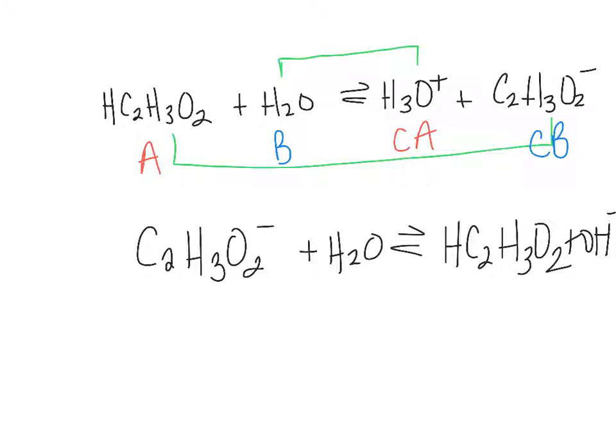This means it's making a base. So therefore, that is basic. That's how it's a conjugate base, because it will form hydroxide ions with water. So if you have an acid, its partner will be a conjugate base, because when it reacts with water, it will produce hydroxide.